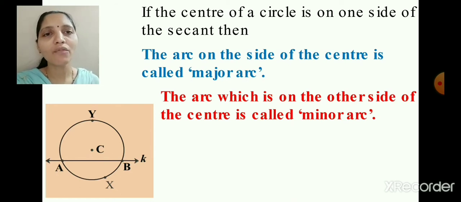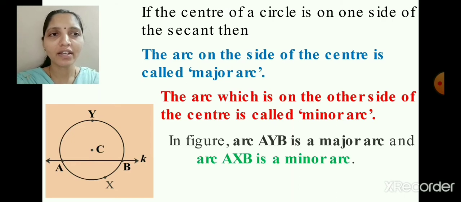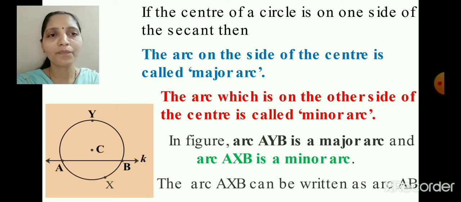So here we got two arcs, one major arc and one minor arc. So which one is the major arc here? Yes, arc AYB is a major arc and arc AXB is a minor arc. The arc AXB can be written as arc AB.